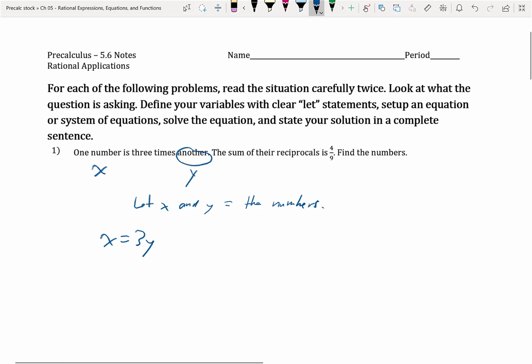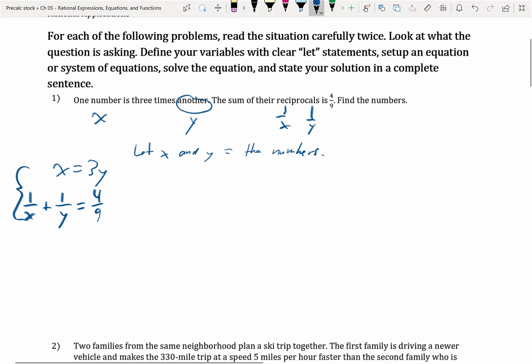So the reciprocal of the first number means 1 over x and 1 over y. So the sum of their reciprocals is 1 over x plus 1 over y is equal to 4/9.